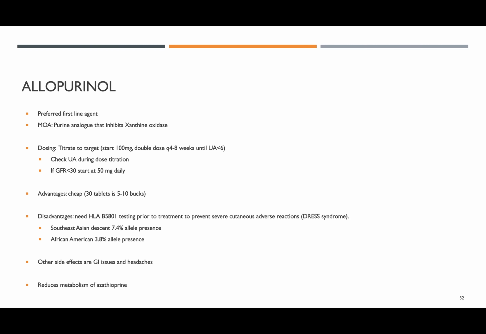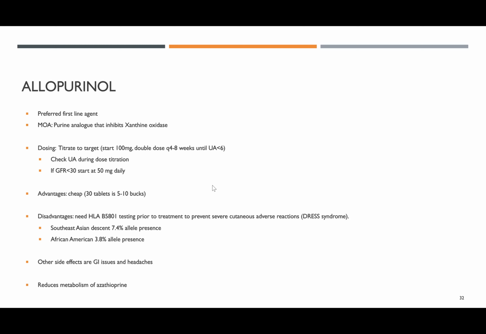You can use it in people with low GFR, but you need to start them at 50 milligrams. It's pretty cheap. 30 tablets will set you back like $5. But of consideration, you need to check if they have HLA-B 5801, because giving allopurinol to somebody with that allele has a high risk of DRESS syndrome, that severe allergic reaction.